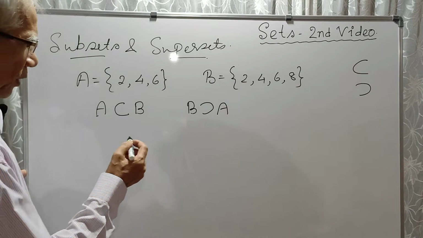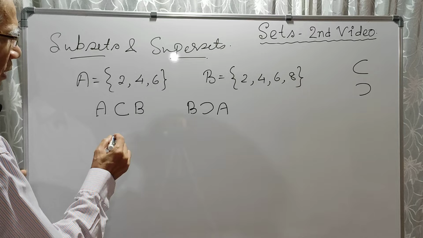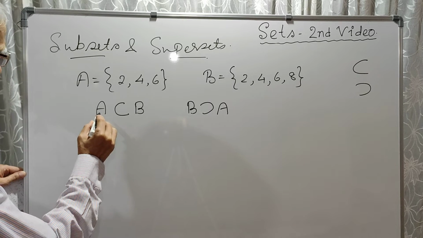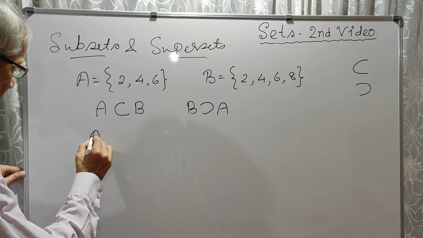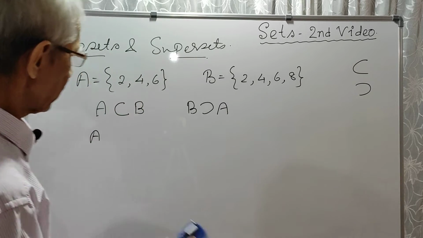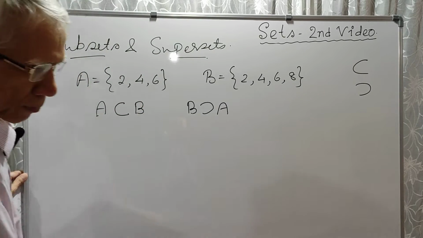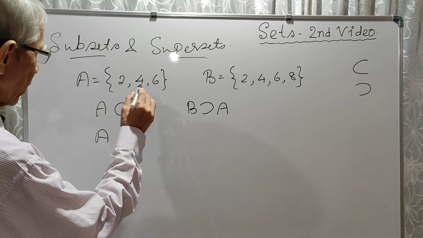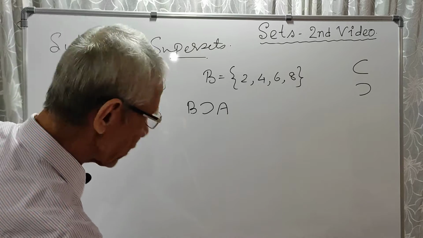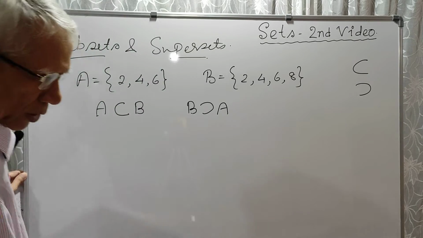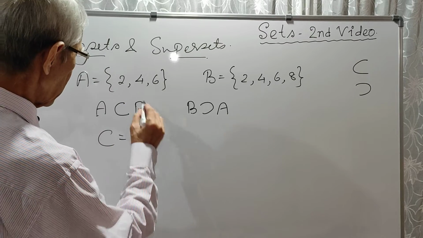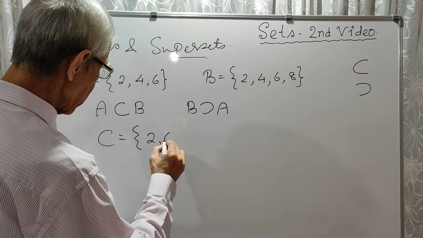Now suppose A is 2, 4, 6 and there is another set C, which is 2, 6, 4.